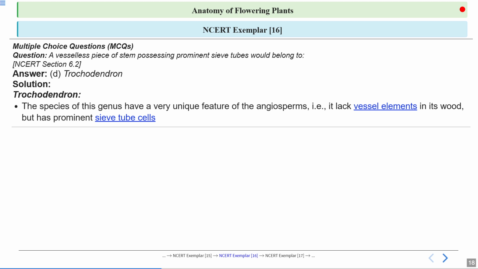The vessels are absent in Trochodendron, and this is one of the exceptions in the case of angiospermic plants, right?